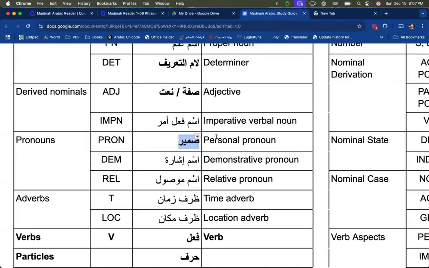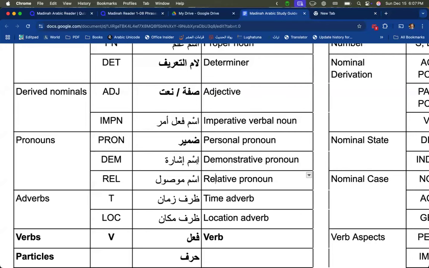Huwa, hiya, ana, or the suffix damir. So a personal pronoun. We've done this as well, right? Today is going to be brain rot grammar. Because you guys wanted to review, I'm just doing a review. So you guys know all of this stuff. You don't know that you know it. I haven't really stressed these terms as much before.